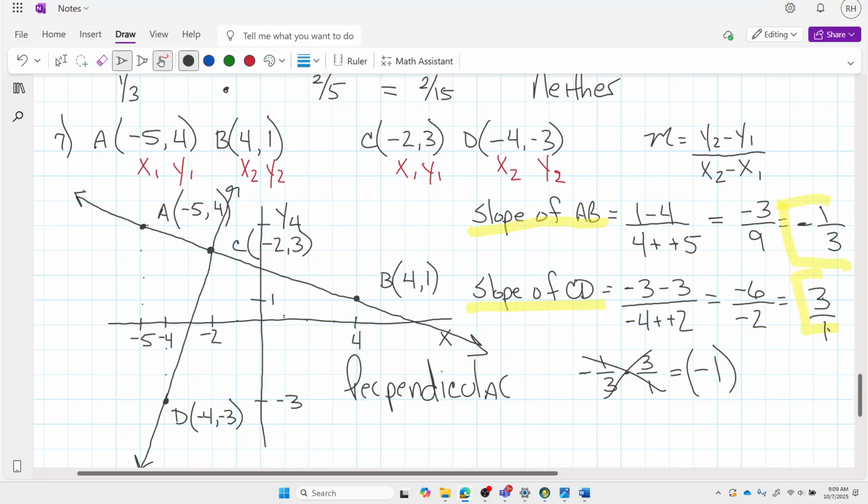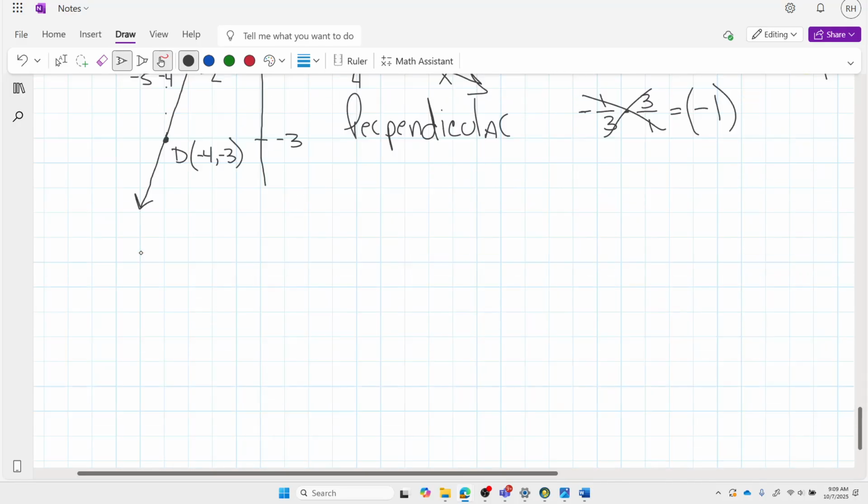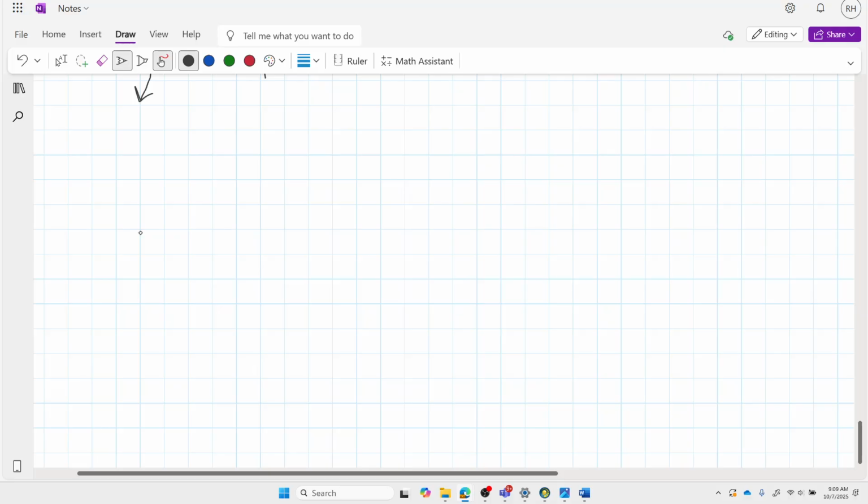All right, so then here's what we're going to do today. If you look in the book on page 197, I want you to do problem 6 again.